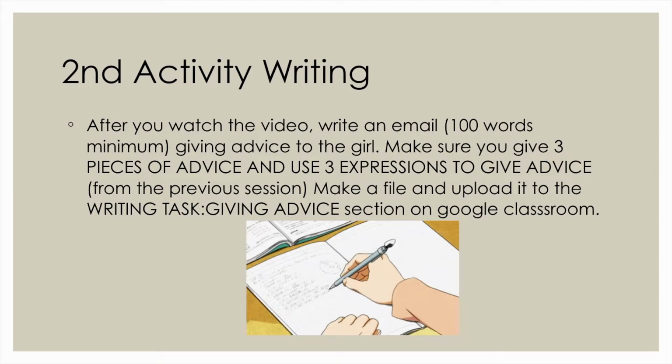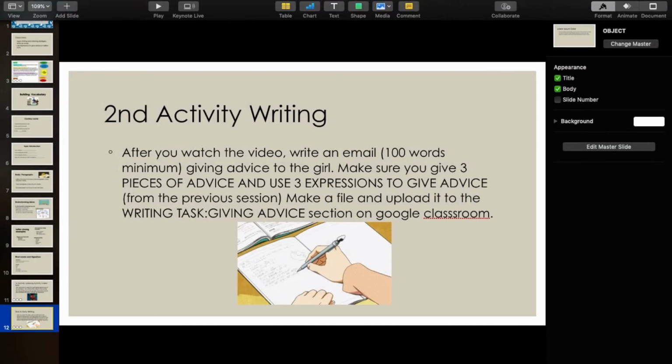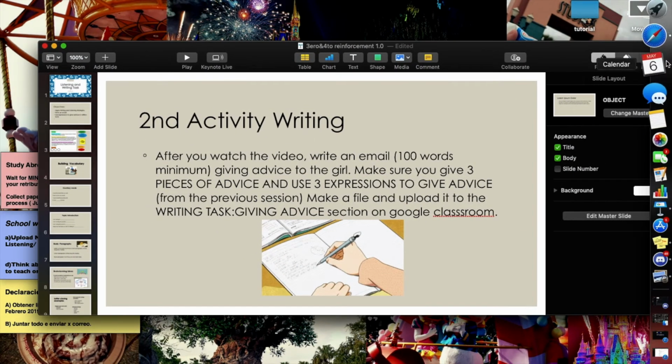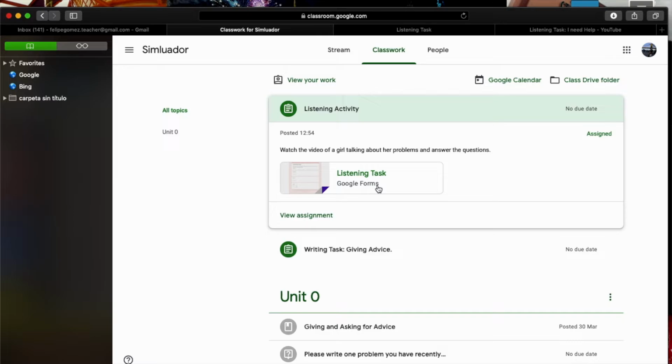Make sure you give 3 pieces of advice and use 3 expressions to give advice from the previous session. Remember that before going on winter break, we have one PowerPoint presentation, which is here.